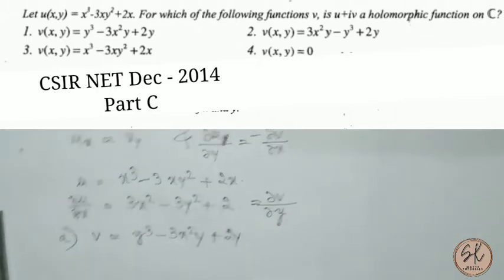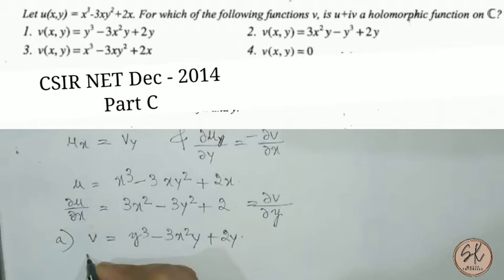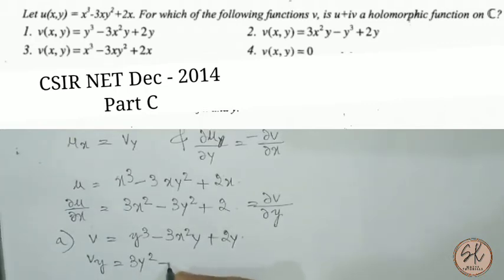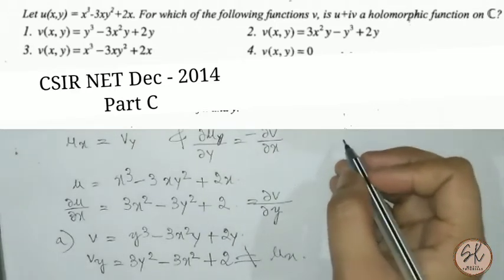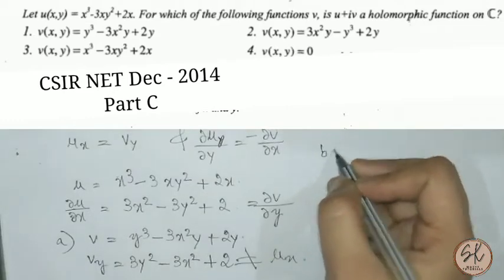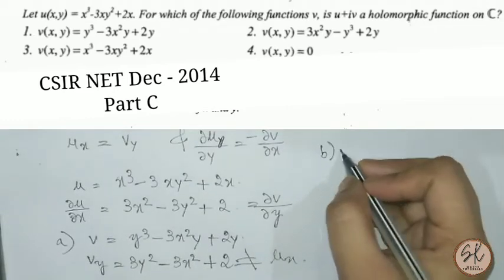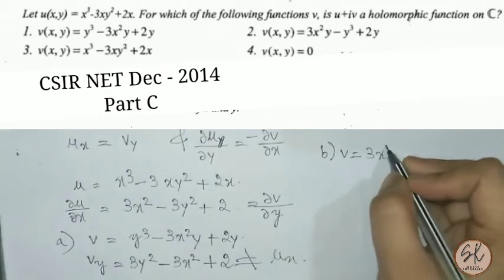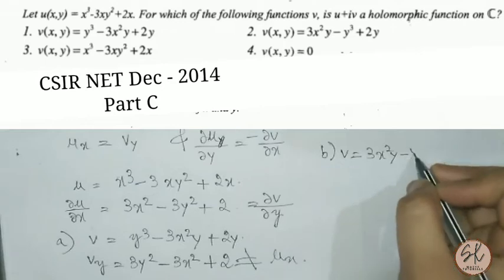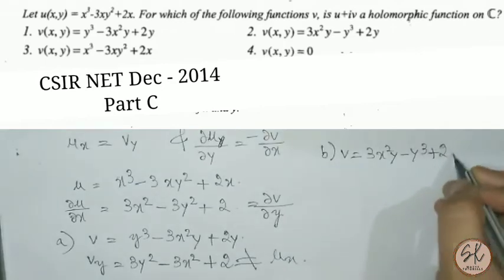Now here del v by del y is equal to 3y square minus 3x square plus 2. So this is not equal to del u by del x. Now next let us check option B. In option B, v is equal to 3x square y minus y cube plus 2y.